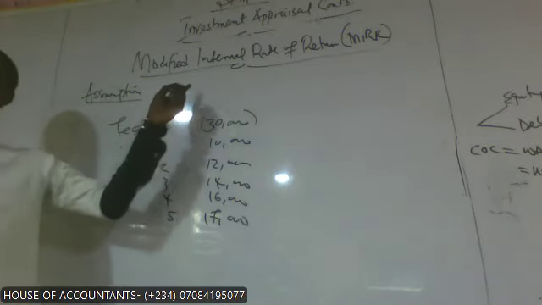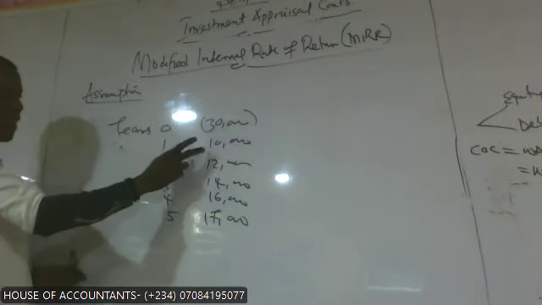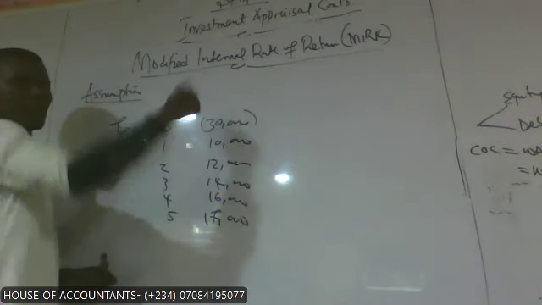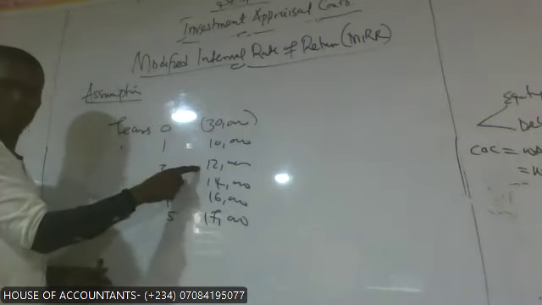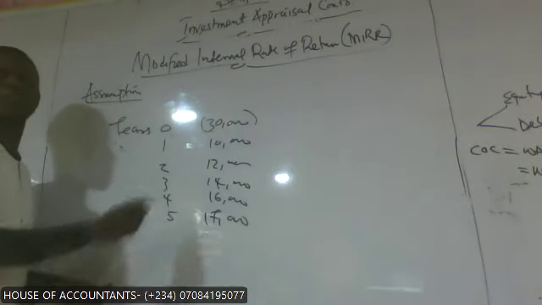So to be more realistic, the modified approach says that there should be an investment assumption: that this inflow or return that you get in year 1 should be reinvested at the cost of capital. What you get in year 2 should be reinvested. This one in year 3 should be reinvested till the end of that project.